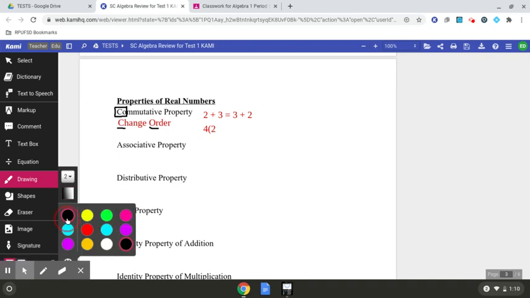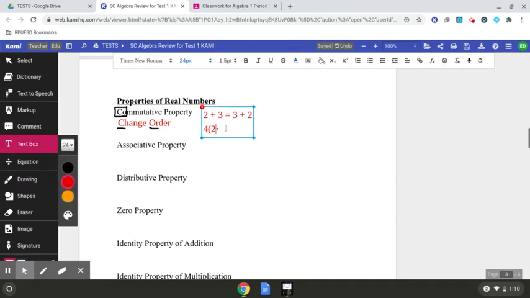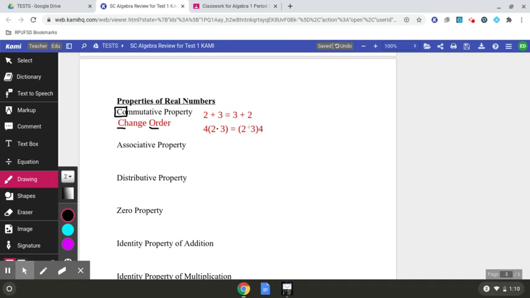So 4 times 2 times 3, and that's going to be equal to, let's say I keep the 2 and the 3, right? 2 times 3, and we moved or changed the position of the 4. Right, so the 4 was in the front here, and then it changes to be in the back. That's the commutative. I changed the order.